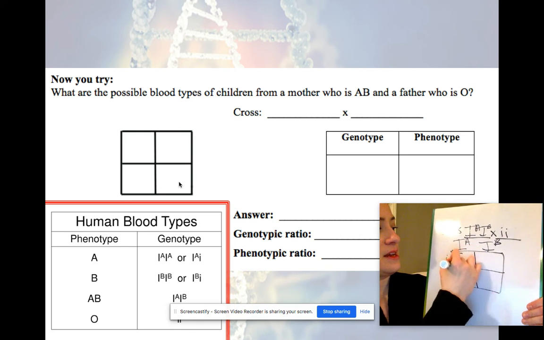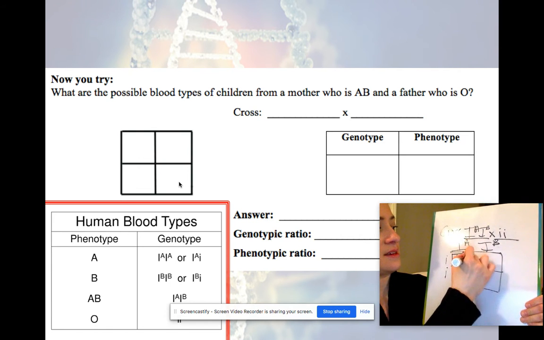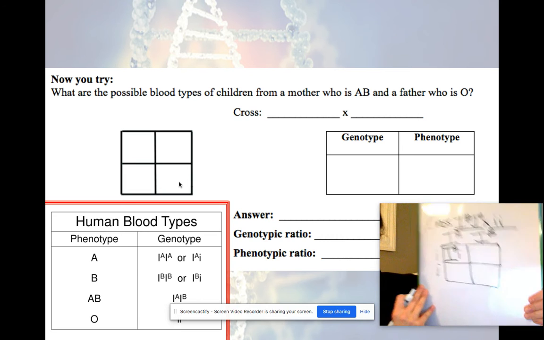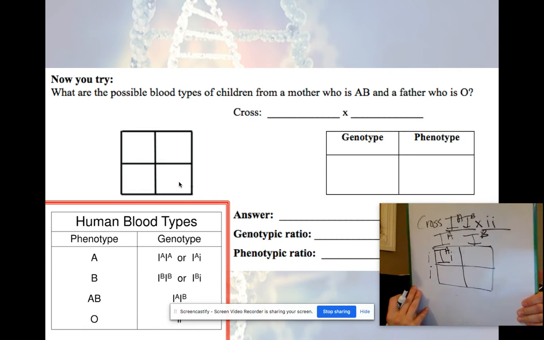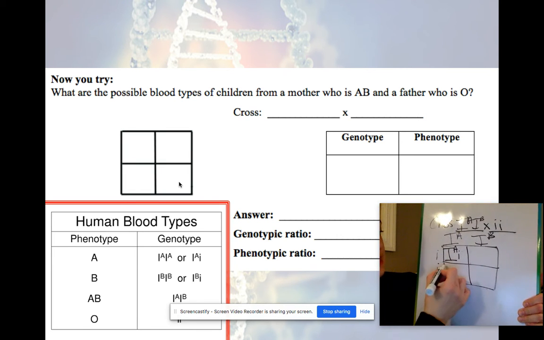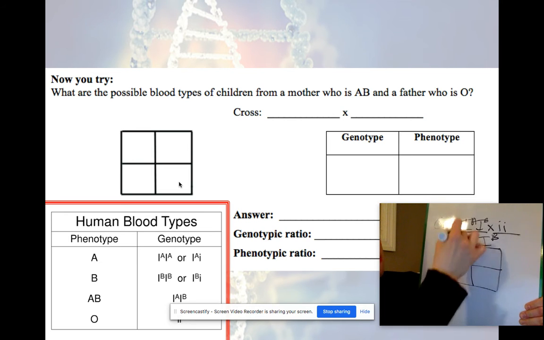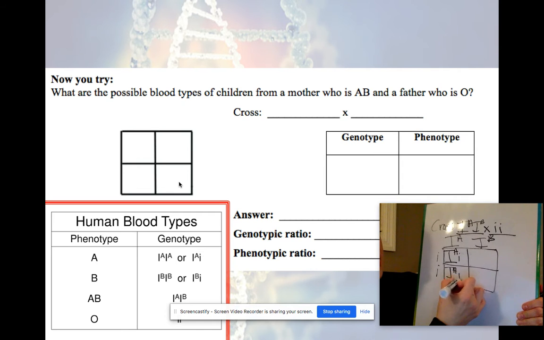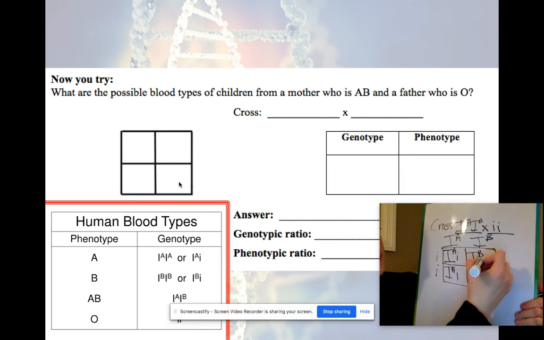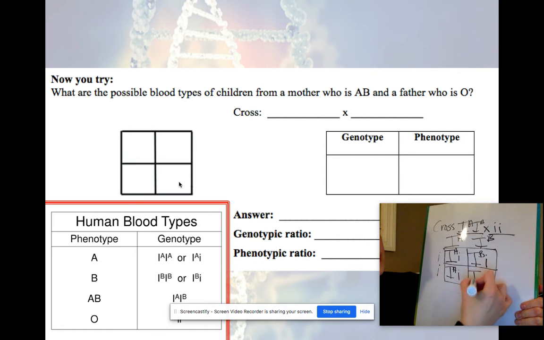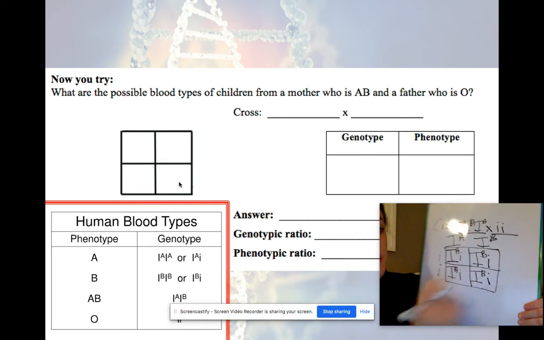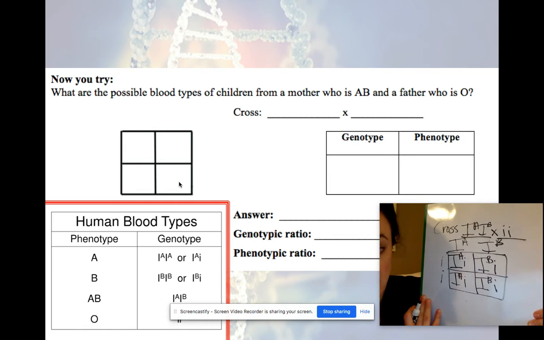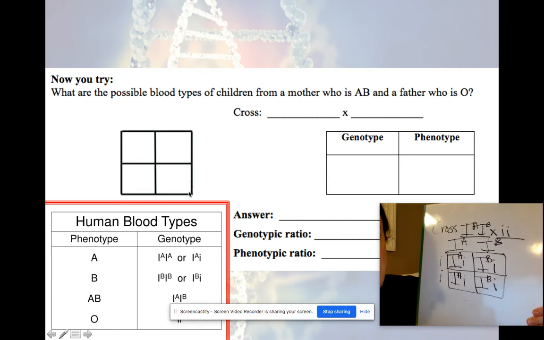And then here is that possibility in that part of the Punnett square. If I bring down this part from the first column, if I bring over this part in the second row, and I continue filling out the Punnett square, bring this over, bring this down, and bring this over, I now have filled out my Punnett square. So that takes care of the Punnett square. Now go to the answer.